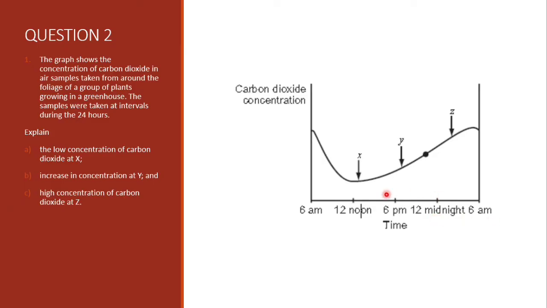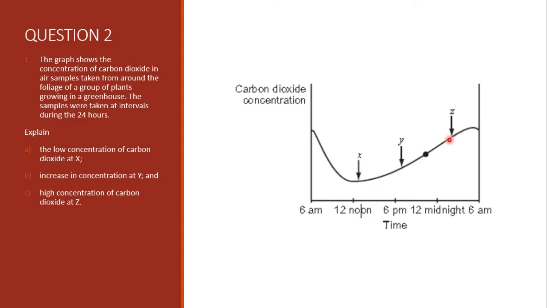Okay, so from 6 to 12, we can see that there's a decrease in the amount of carbon dioxide up to X, and then we can see that the carbon dioxide starts to increase from 12 hours going up to 18 to 24. You can see that there's an increase here in the amount of carbon dioxide in the environment. Okay, so at X, carbon dioxide is low in the environment. Then at Z, it's highly concentrated.